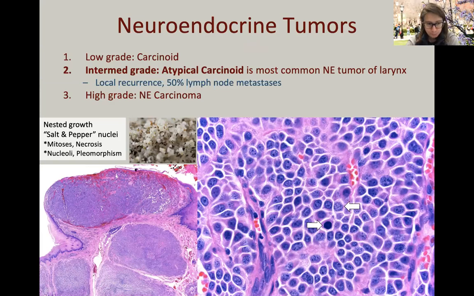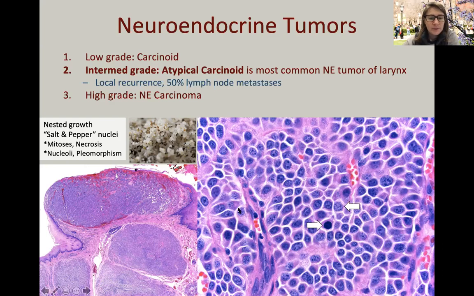The most common that we end up seeing in the larynx is actually the intermediate grade neuroendocrine tumor, or so-called atypical carcinoid. These can locally recur. These can certainly metastasize to lymph nodes, but they don't really respond very well to any kind of extrinsic therapy. So primary treatment is surgical resection.